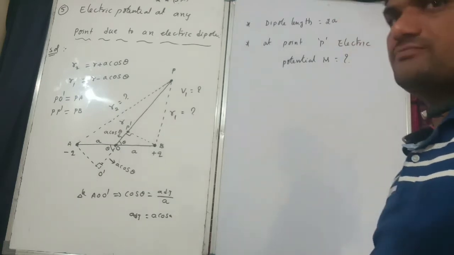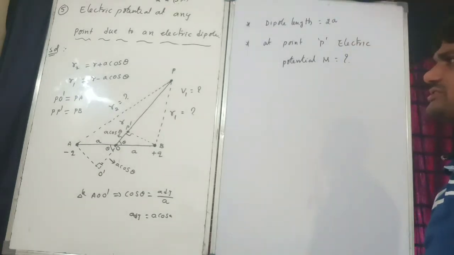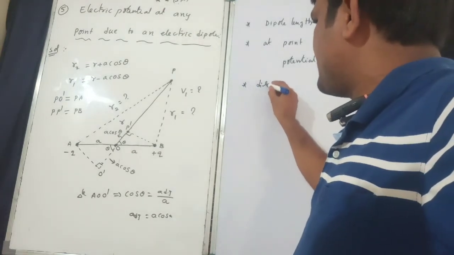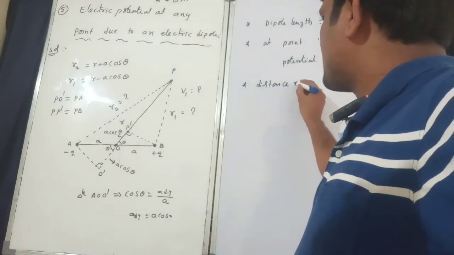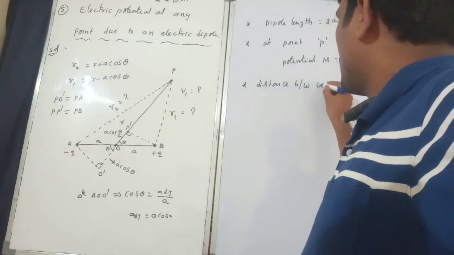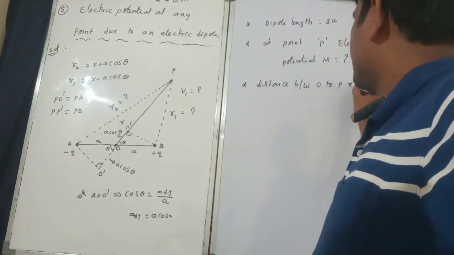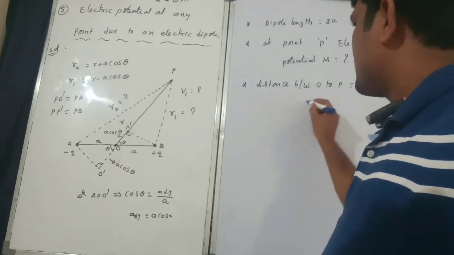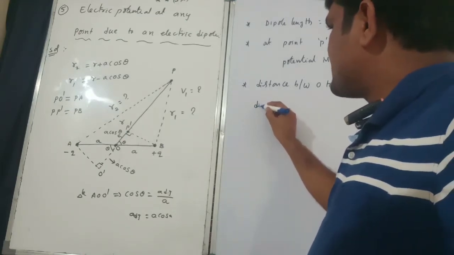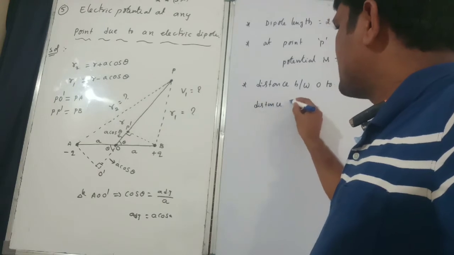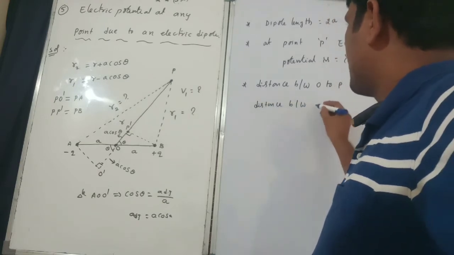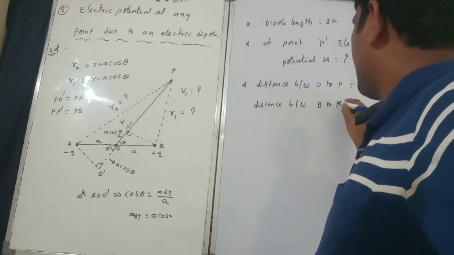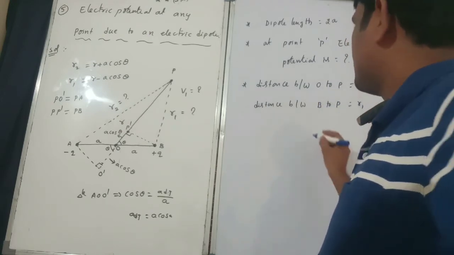That is our question. Electric potential is what? Alright. So distance between O to P is equal to R, and distance between B to P is R1.